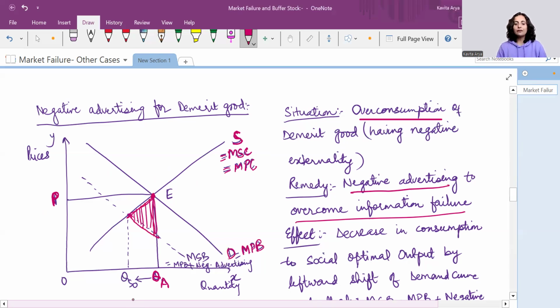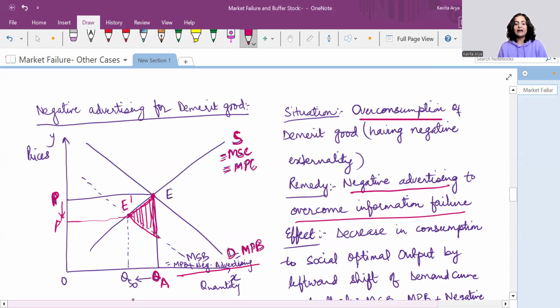Right. So how is it fulfilled? By negative advertising. We have showcased the MSB curve, which is lower than the demand curve. And what is it equal to? MPB plus negative advertising. So when we advertise it in a negative manner, that it carries negative effects for the economy as a whole, the new equilibrium is restored here at E dash, with a new price and new quantity.